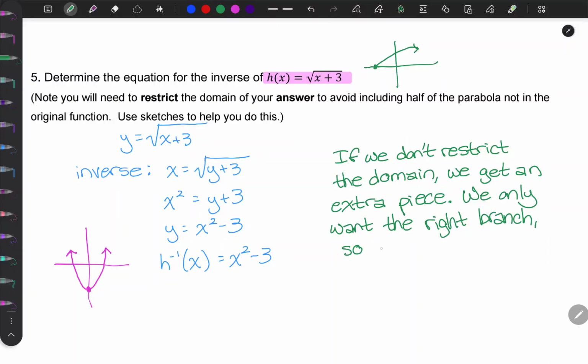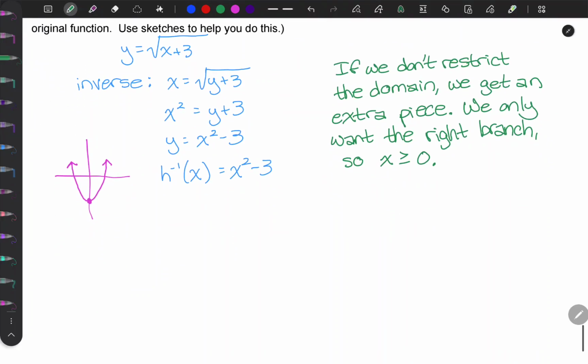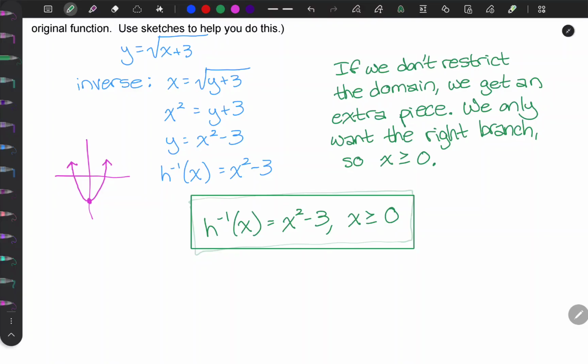So we want the case where x is greater than or equal to 0. So now let's put this together. h inverse of x is equal to x squared minus 3 when x is greater than or equal to 0. And we combine that to get our inverse. All right, that's all.